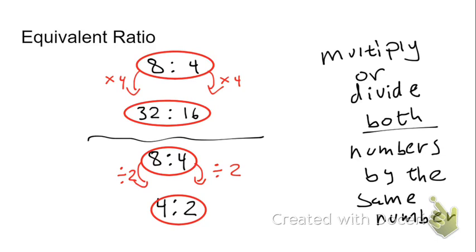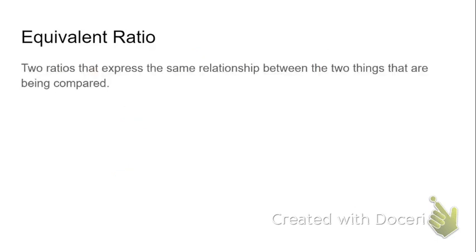Okay, so right here, actually, I didn't realize I have the definition. So I kind of went over how to make equivalent ratios, but here let's just go backwards a little bit to the definition. Equivalent ratios are two ratios that express the same relationship between two things that are being compared.